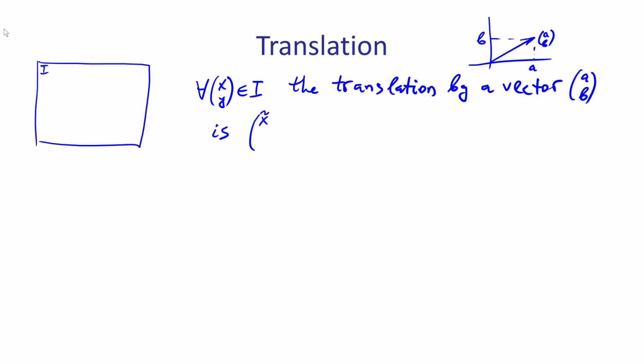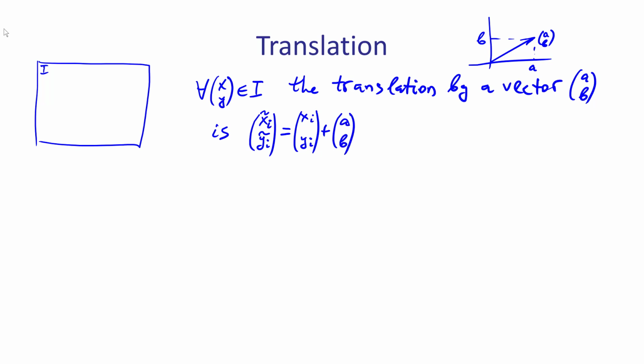New pixels will be denoted with the symbol tilde, so xi tilde, yi tilde, which are transformed pixels. For all of the i's, for all pixels, it will be the previous pixel, xi, yi location, plus that vector AB.